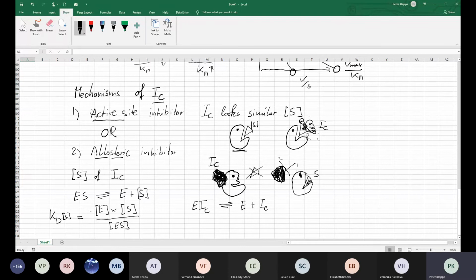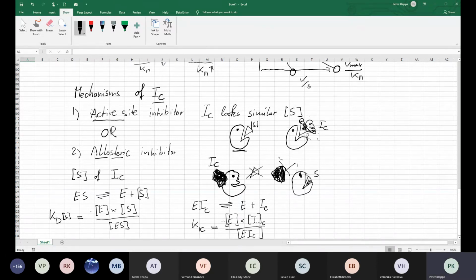So here we can write E times the inhibitor concentration divided by EIC, the concentration of the enzyme inhibitor complex, and this is called KIC, where the I stands for inhibitor and C indicates that this is a competitive inhibitor.